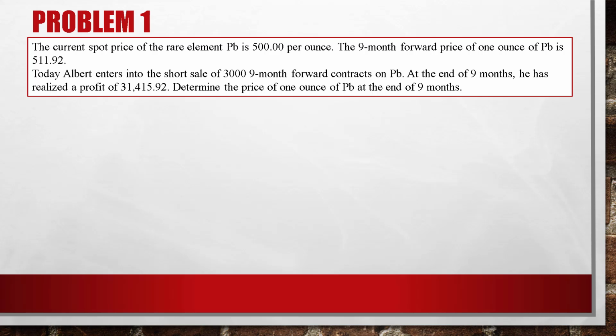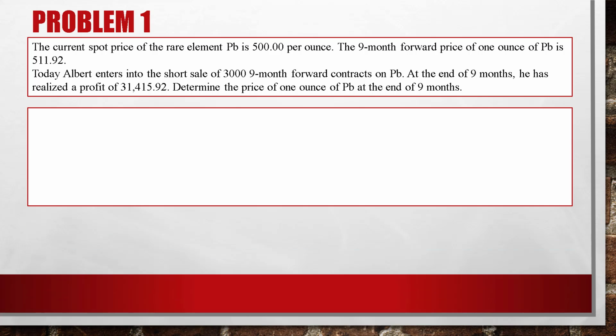So here he sells 3,000 contracts of PP, and the profit is 31,415.92 cents. So we first have to find the profit per unit.